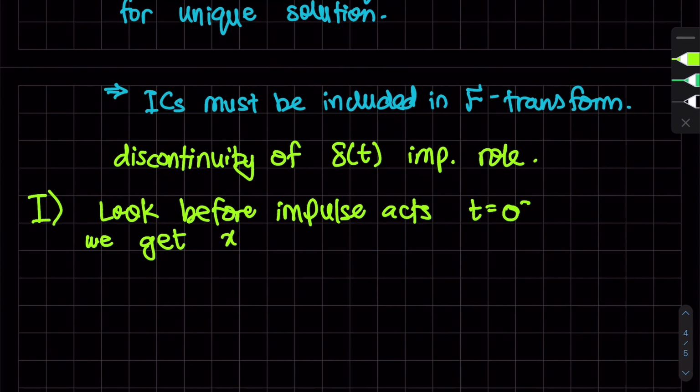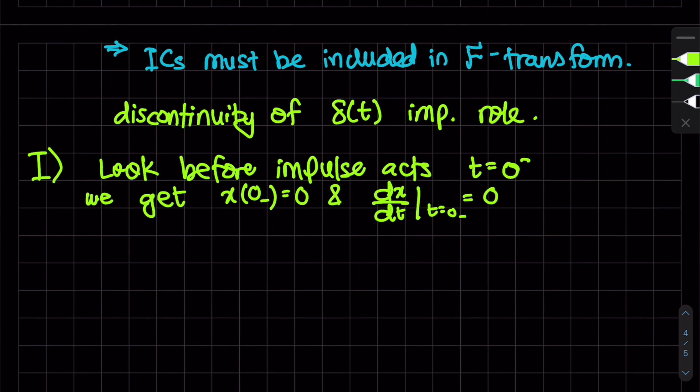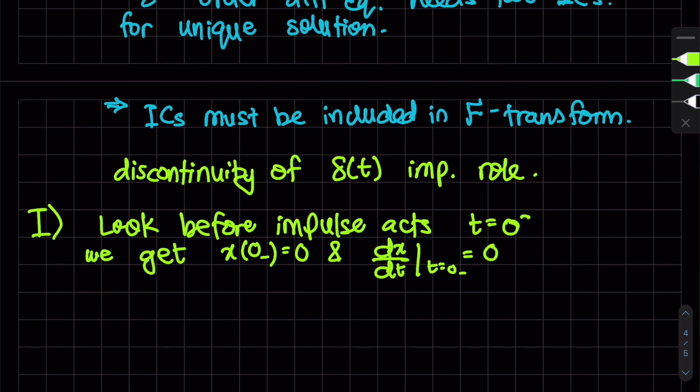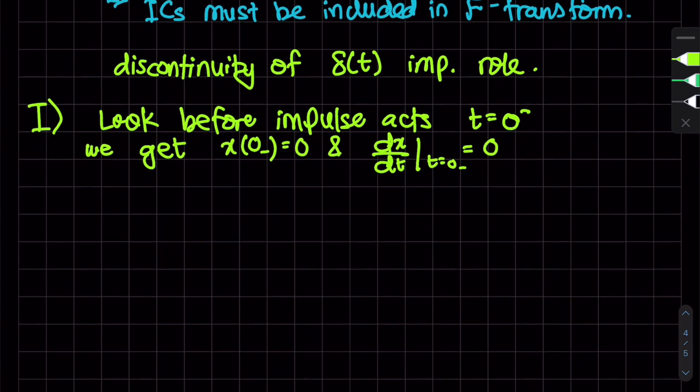We get x of 0 is 0, and the velocity at that instant, maybe I'll just put 0 minus here, I don't want to confuse you, is 0 because of causality. We discussed this: before the impulse acts, the system's just going to remain at rest forever.